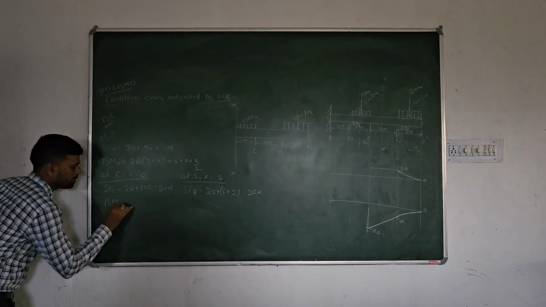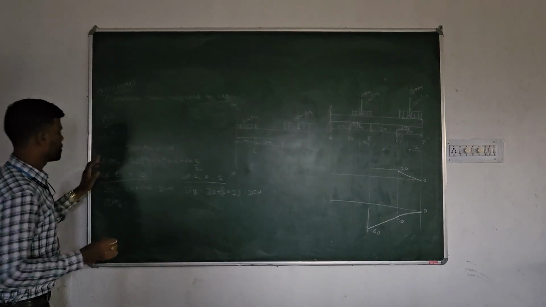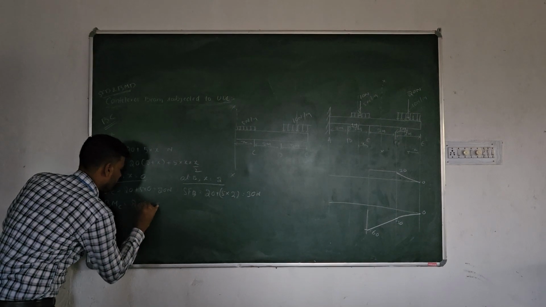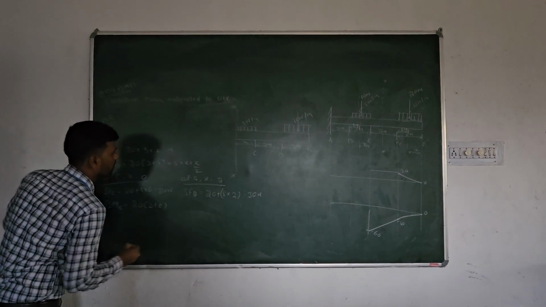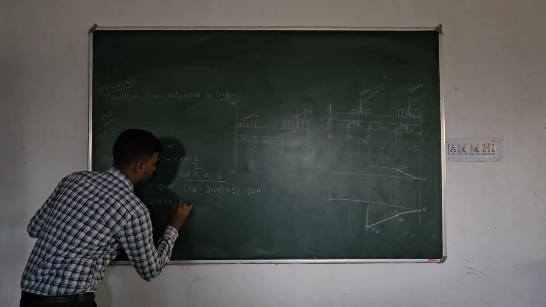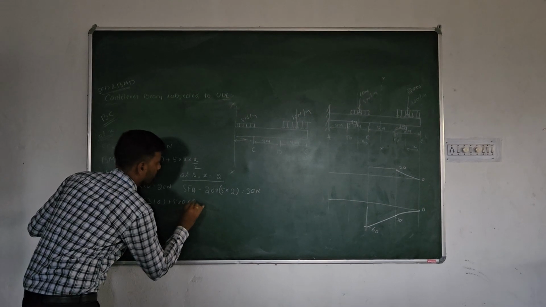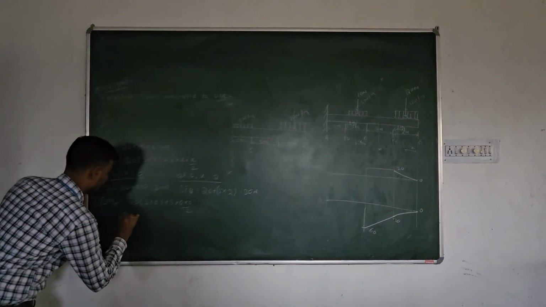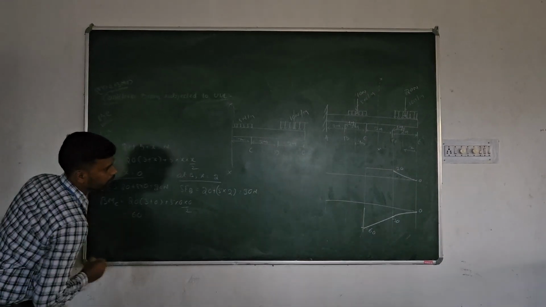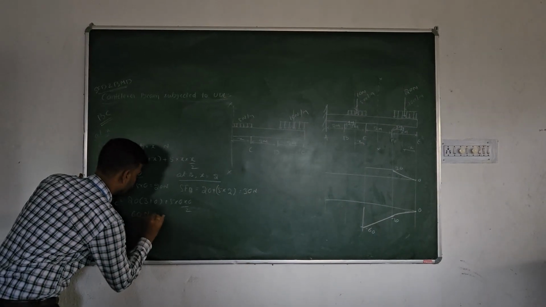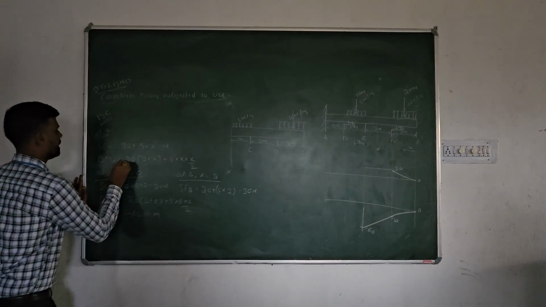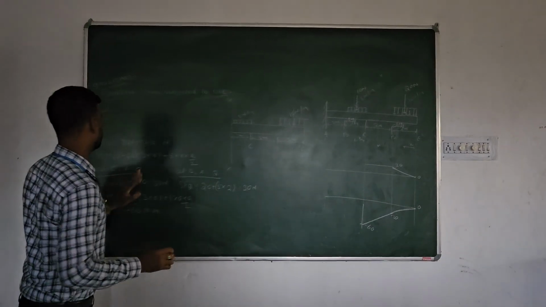BM at C is equal to 20 into 3 plus 0 plus 5 into 0 by 2, that is 60 Newton meter, and this will be negative. Bending moment is negative.